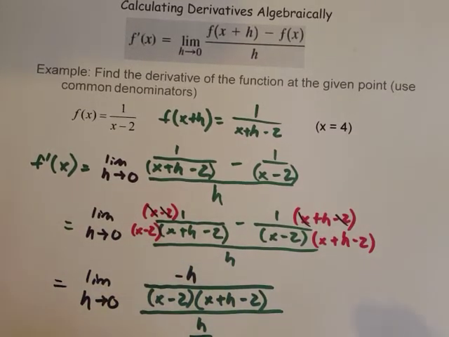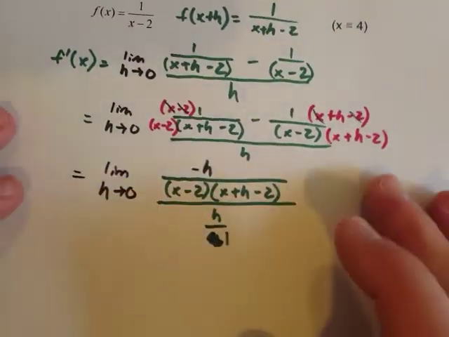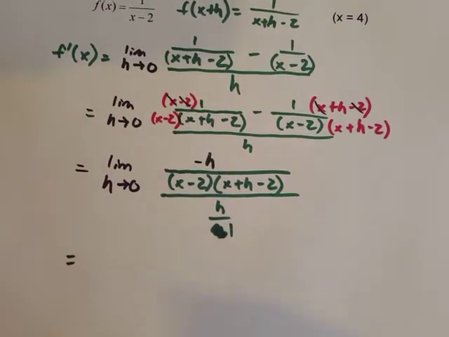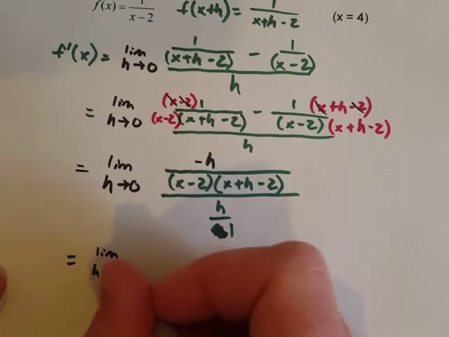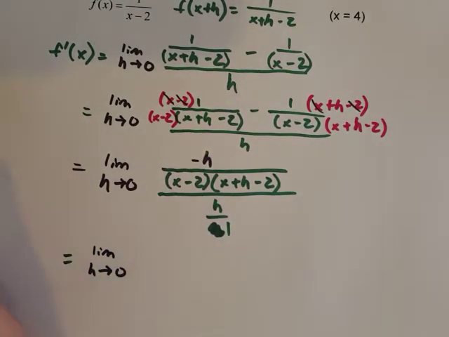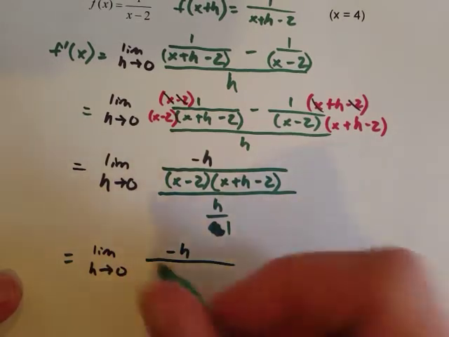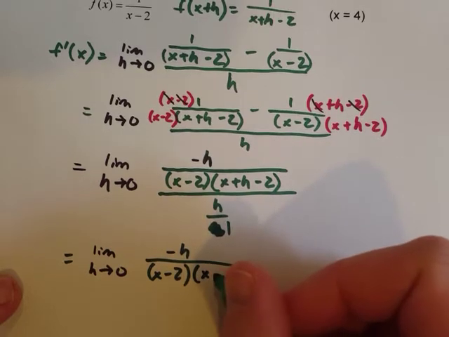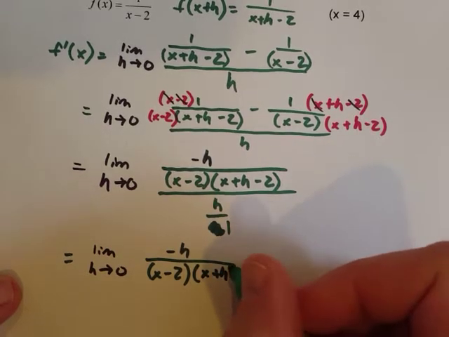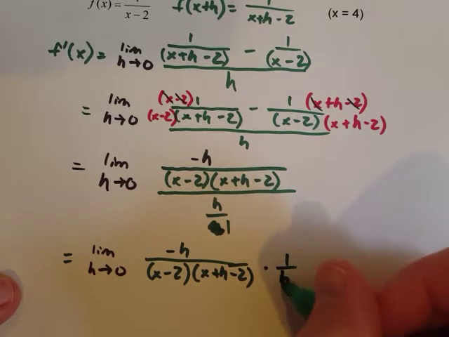So I'm going to keep going here with this line and keep that limit stamp in there. I might need another piece of paper in just a second. But now I will have my fraction negative h over x minus 2, x plus h minus 2. And I'm going to multiply it by 1 over h. That was from the bottom.